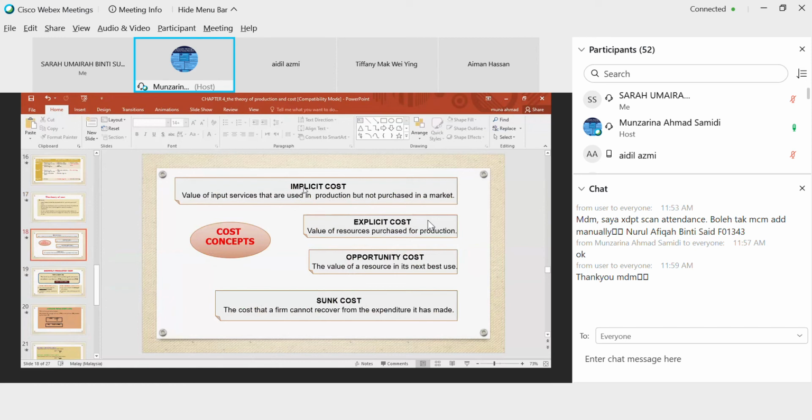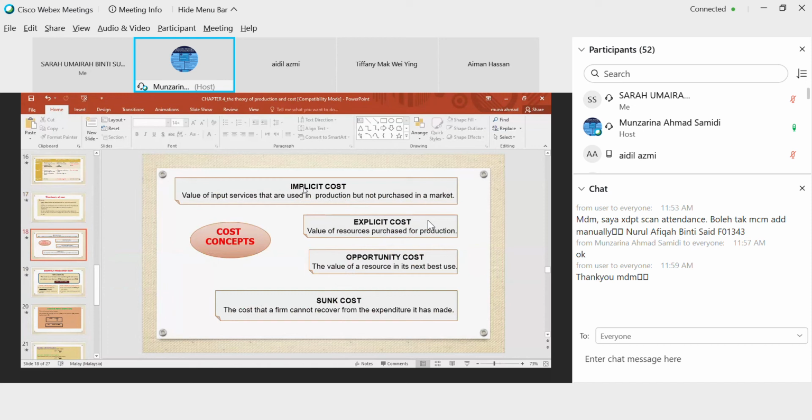So your house could actually be rented out, but now you use it and you don't pay rent for your own house. So it is actually implicit cost. Implicit cost should be included in the calculation of cost. You should include the value of your own house which you use as your office.